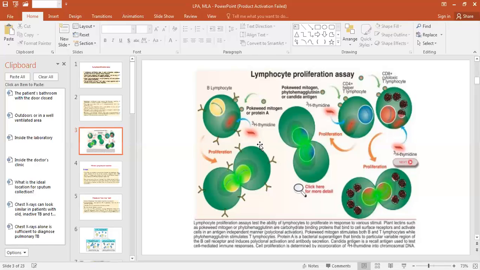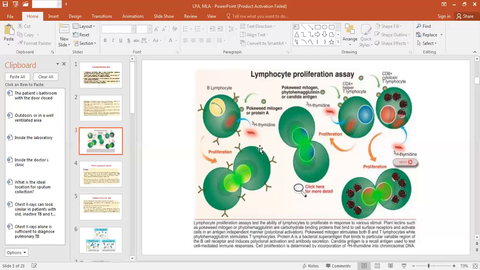Here, cells undergoing proliferation are also metabolically active and increase their cellular level of dehydrogenase. So dehydrogenase and their product, that is NADH, reduced nicotinamide adenine dinucleotide, and reduced nicotinamide adenine dinucleotide phosphate, NADPH.